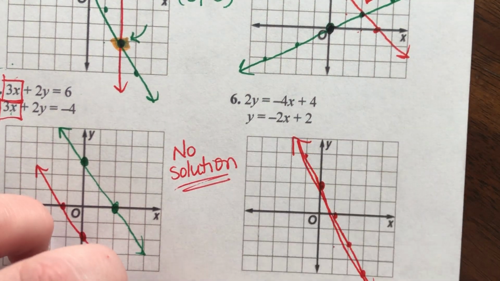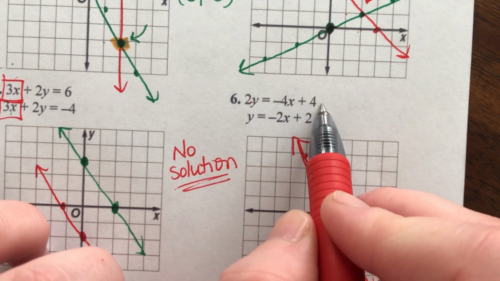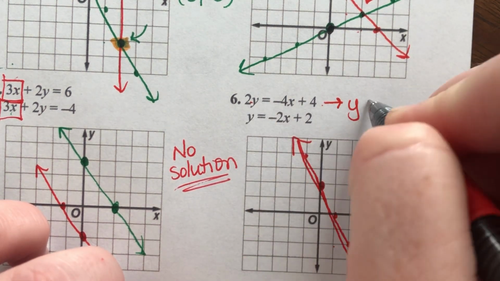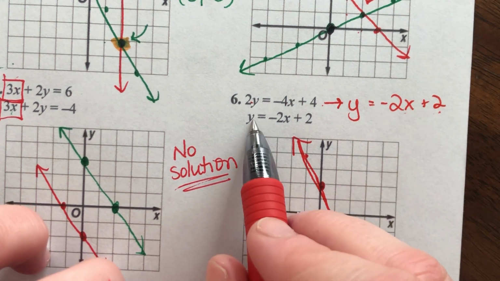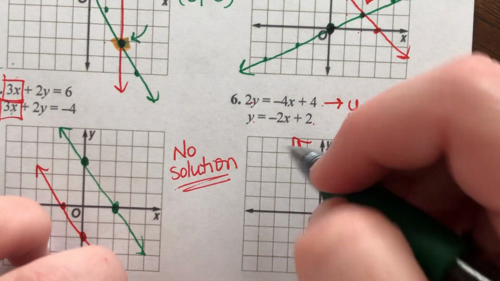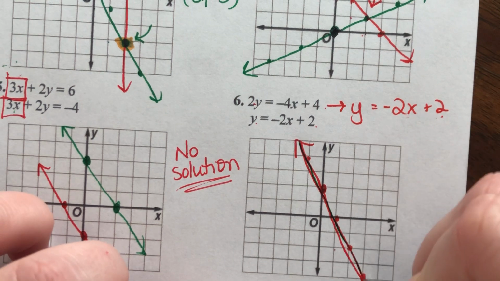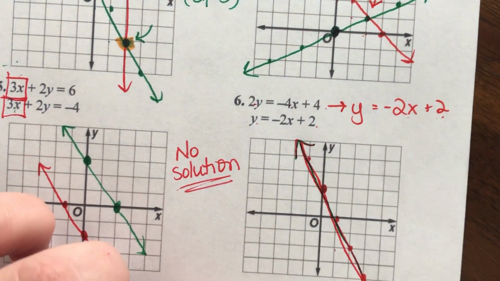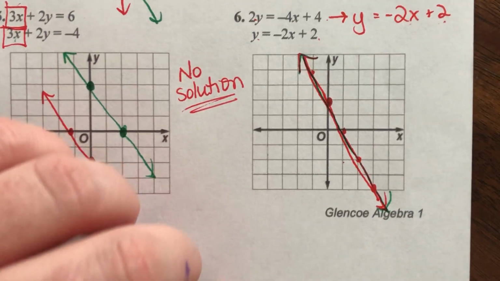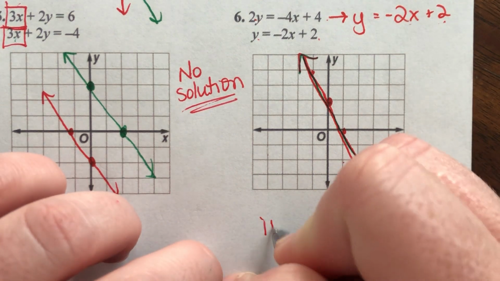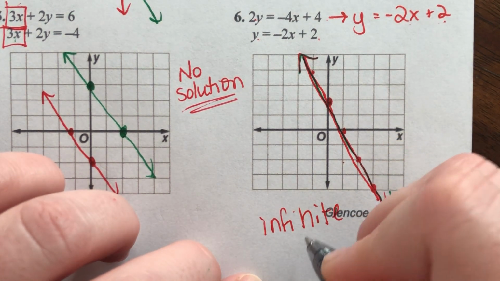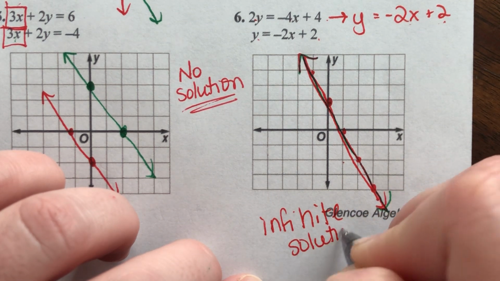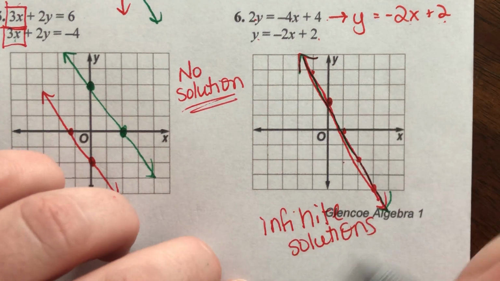And then for the other equation here, if I divide everything by 2, I get y equals -2x plus 2, which is the exact same equation. So when I graph that one, hopefully better, it lies on top of the other line. So this is infinite solutions. They share all the same points.